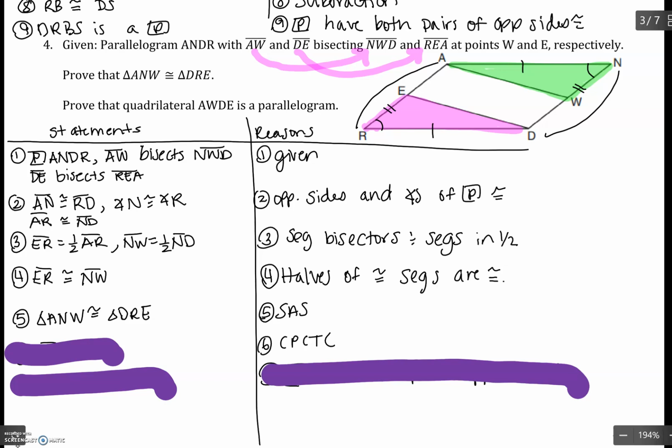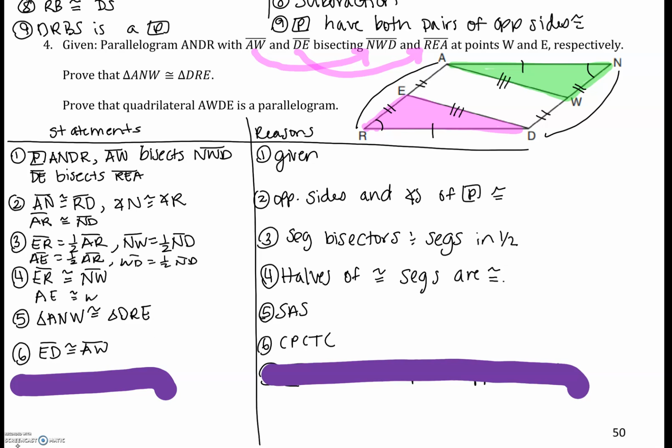or the inner part is a parallelogram. So just like the other one, I'm going to start off by showing that ED is congruent to AW. To continue, I'm also going to try to show that AE is congruent to WD, the other pair of opposite sides congruent too. I'm adding in here that AE is half of AR and WD is half of ND, because those then would also end up being congruent segments.